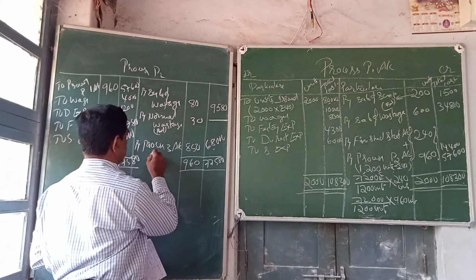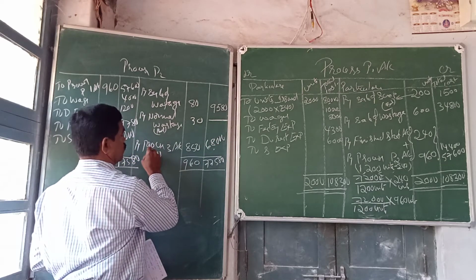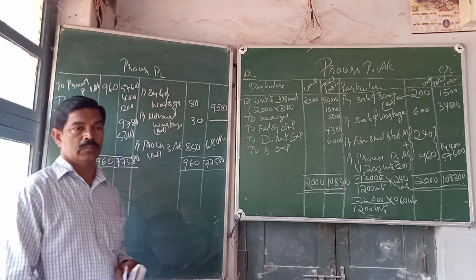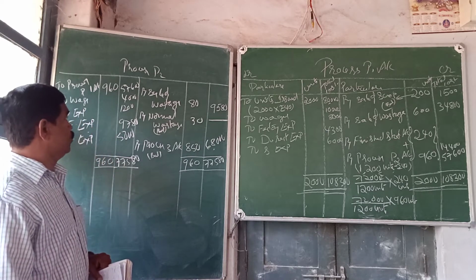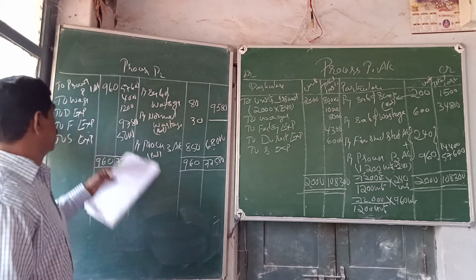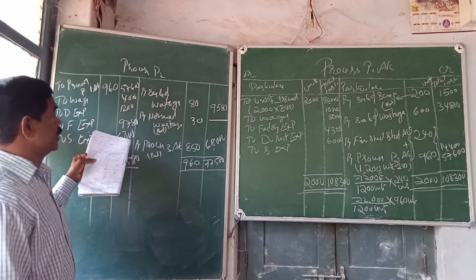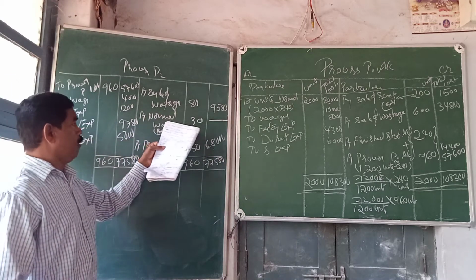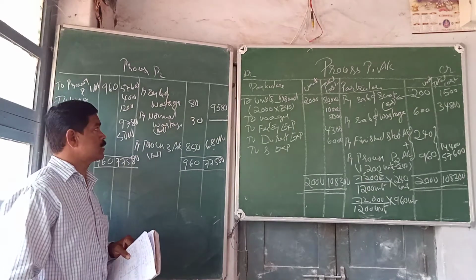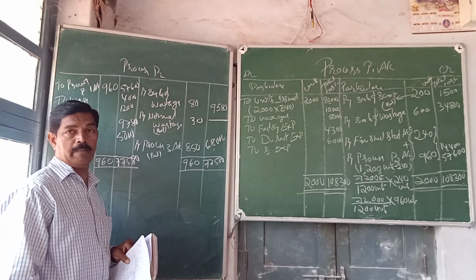So 68,000 is the balance or difference. So this is how the P2 account is prepared. First of all, output of P1 transferred, then other expenses, then here one wastage is there, 80 units, 9,580.